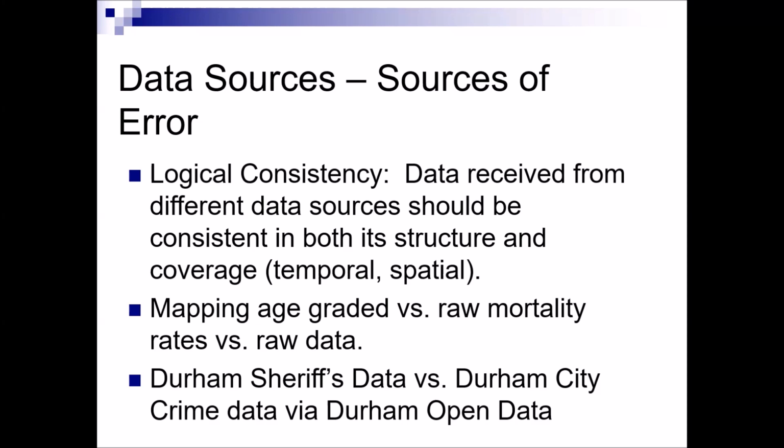Now, the other thing we'll talk about is that different collection sources should be consistent both spatially and temporally. So if we're mapping age-graded mortality rates versus raw data, or if we get data from the sheriff's office versus the city crime data versus the open data site, and I think in my external links I've provided the link to the Open Durham site, so you can download Durham City Crime and Sheriff's Office data, and if you just look at the attributes, you'll notice that the attributes are different for crime from the same exact county.